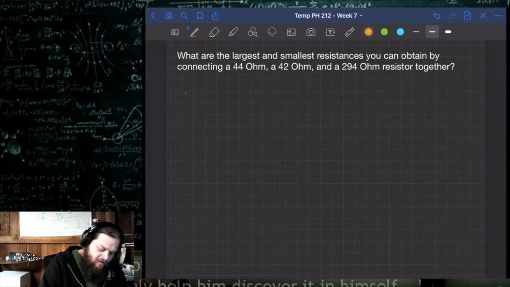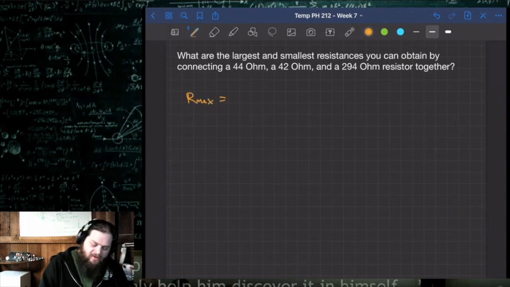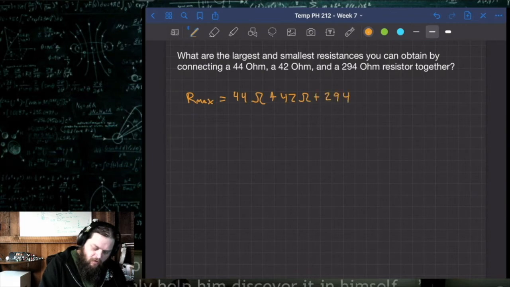So let's do that. Our R max is going to equal the sum of all of them in series. So that's 44 ohms plus 42 ohms plus 294 ohms.